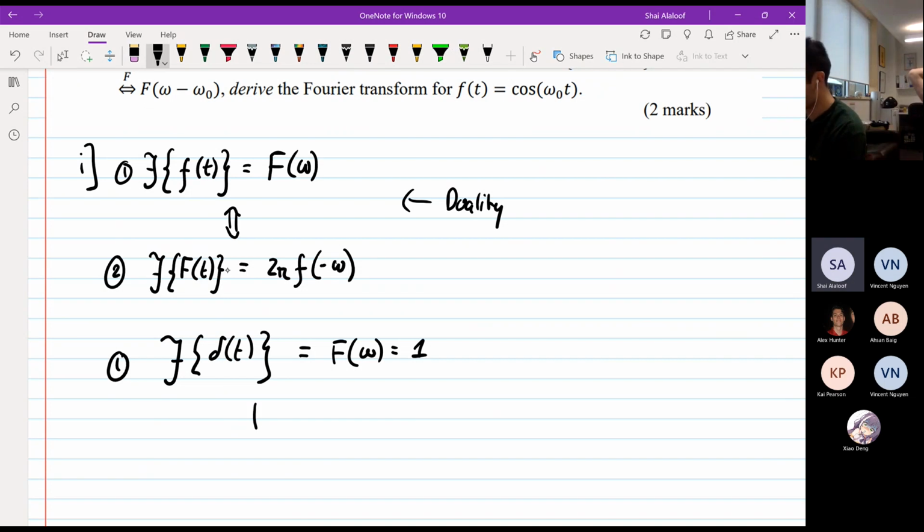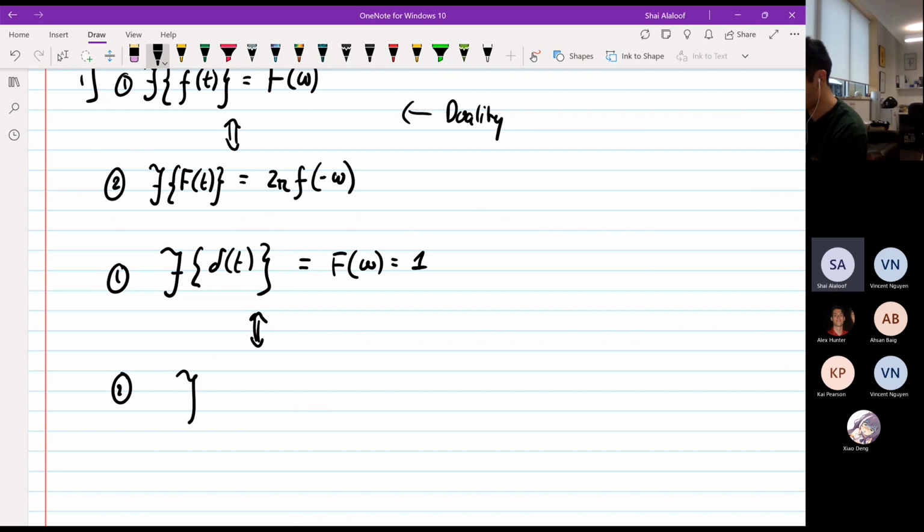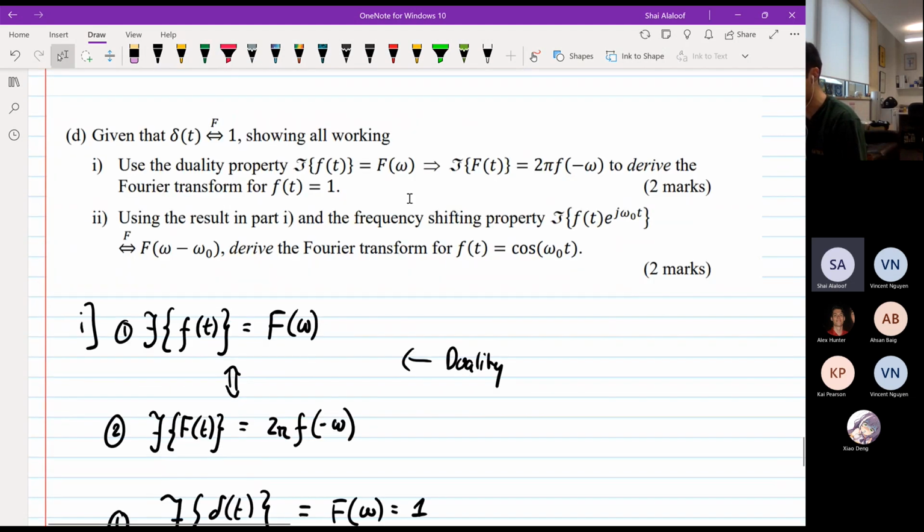So this implies 2, which is the Fourier transform of, now we get the capital F of omega, which in this case is 1. And then we substitute t where there's an omega. But in this case, there is no t. It's just a number. So it's just going to be 1. And I think you can see where this is going, because now we're going to be solving the Fourier transform of 1, which is what the question was asking for.